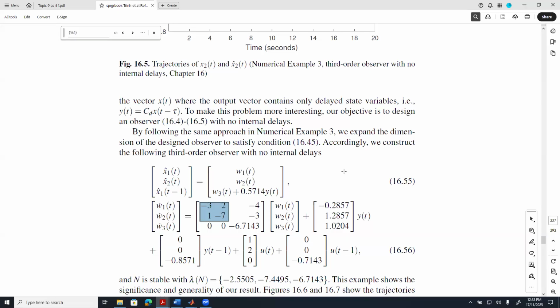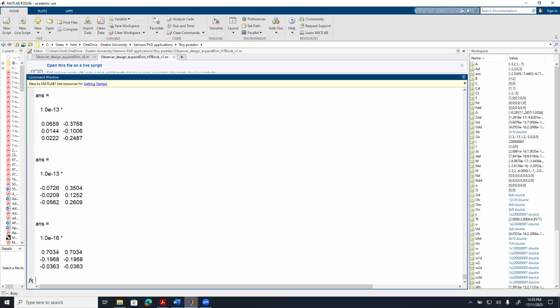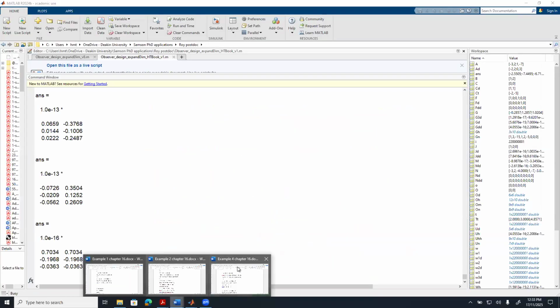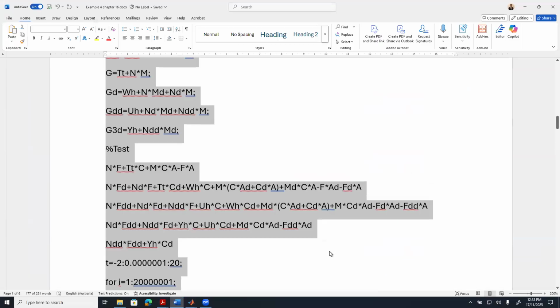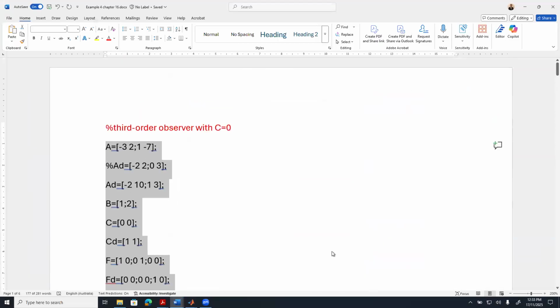And the time delay system itself does not need to be stable. And that's what we are doing in the next simulation in here. In this next simulation, we actually look at the situation where we have an unstable time delay system. So we change the parameters in here.